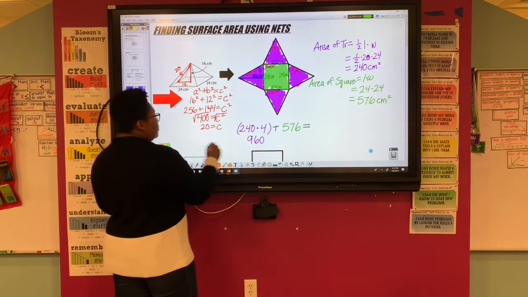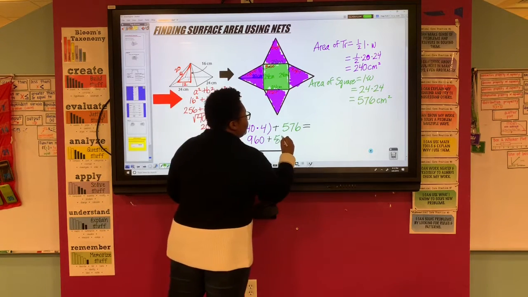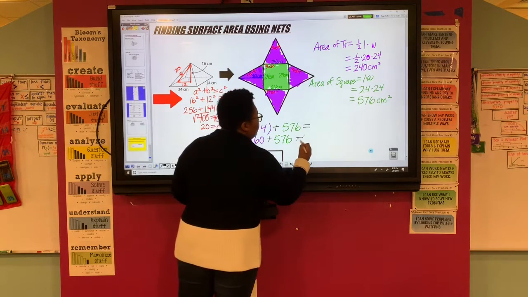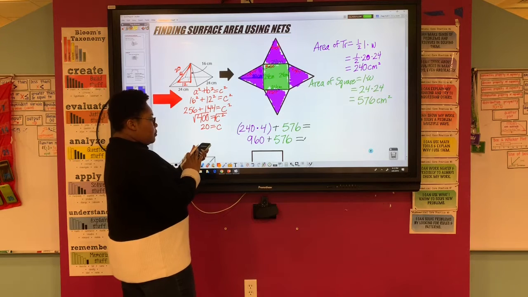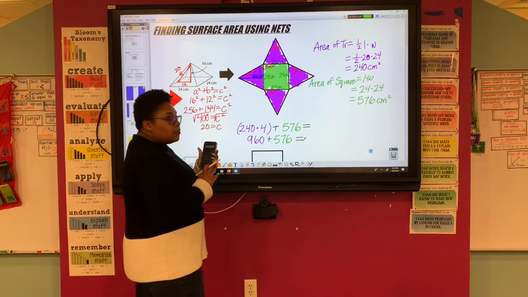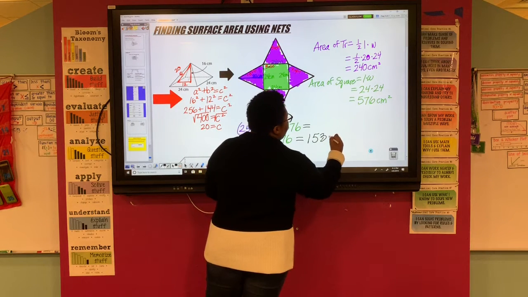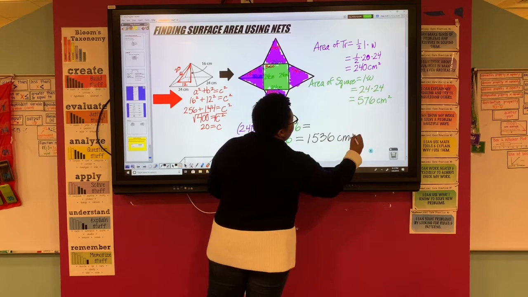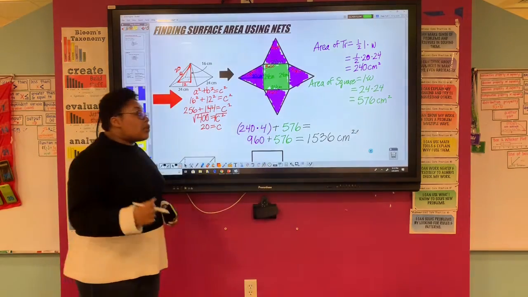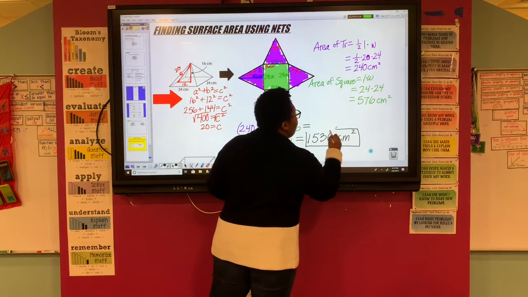I'm adding 576, and you end up with 1,503.36 centimeters. Again, surface area is still area, so it is squared. So this right here is our total surface area for this pyramid.